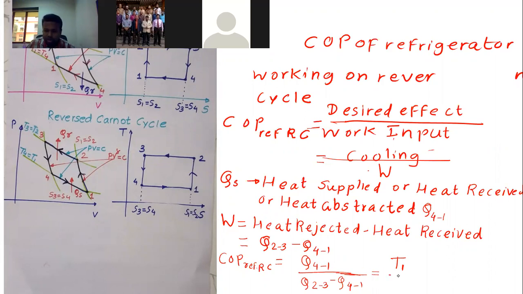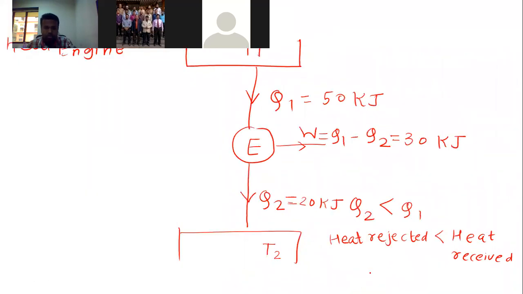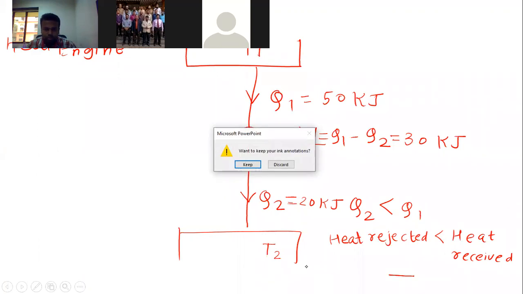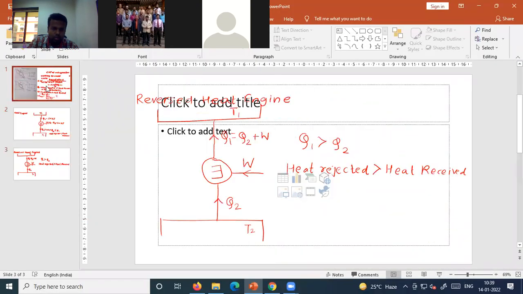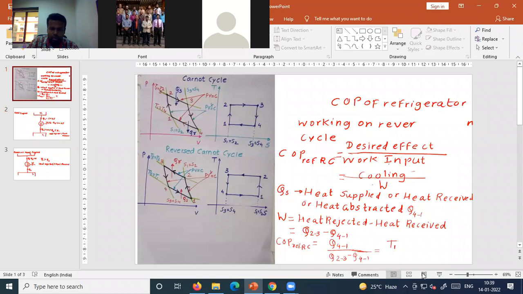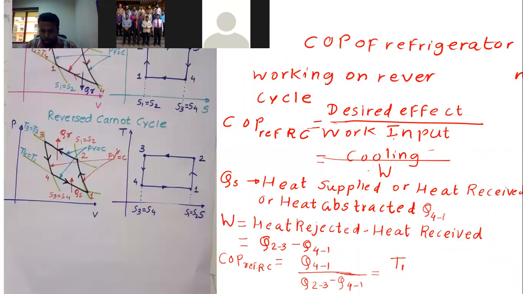Divide by, so see here, all of you. T1 divided by, now let us see the process 2 to 3.